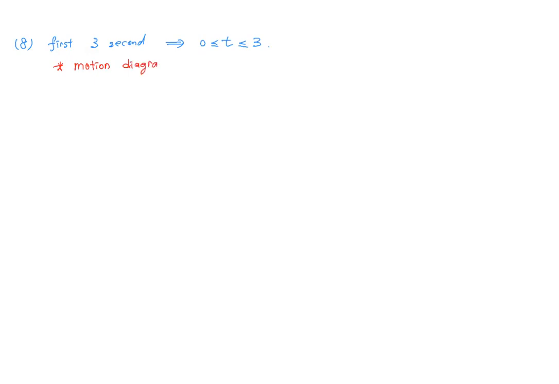What do you mean by motion diagram? Motion diagram means you want to talk about the motion of the particle on this straight line, starting from this time. There are 3 very important positions. Every time, you have to ask yourself, does the particle stop?